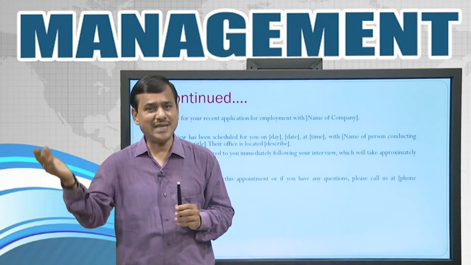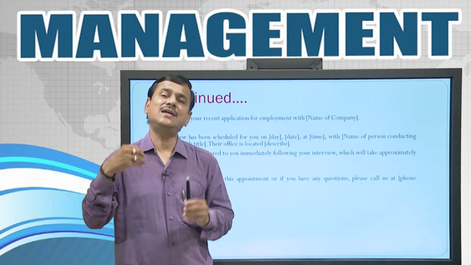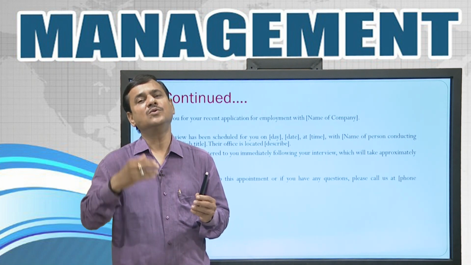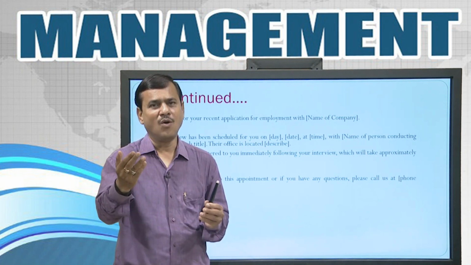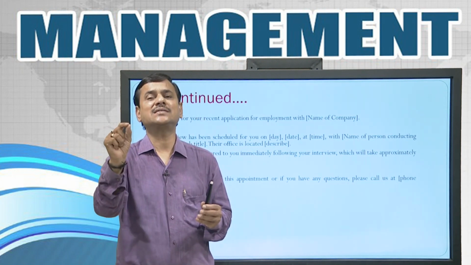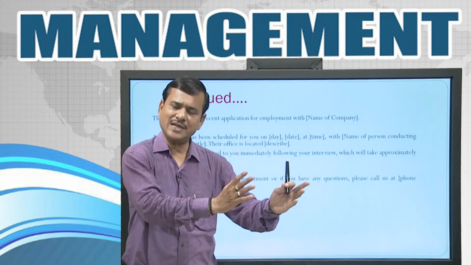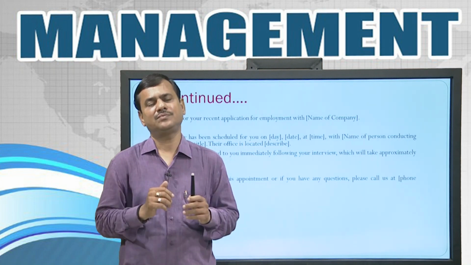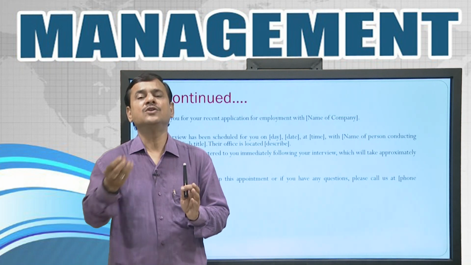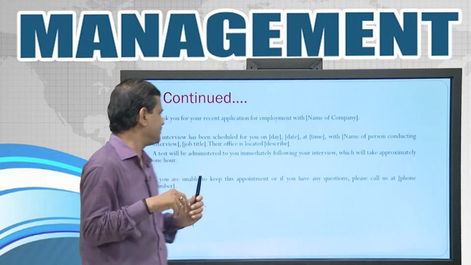And company C might have that kind of HR policy where first they conduct the interview and then those who are there for the interview are all asked to appear in a written test to assess other qualities of the candidates. Certain qualities of the candidates are evaluated in the interview, but certain qualities are evaluated through the written test. So, you can get the employee of your choice as per your requirement.